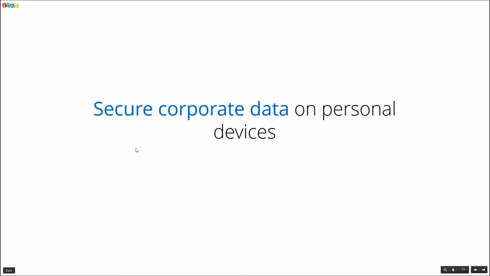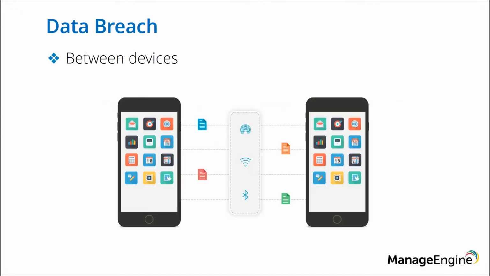And now let's see the scenario of how we can secure the corporate data on personal devices, on the BYOD devices. Remember, when you add a device through email invite or self-enrollment, it creates a corporate workspace within the device. So how can you secure the data within the device? In order to explain how to secure the data, you must know the different ways a data breach can happen.